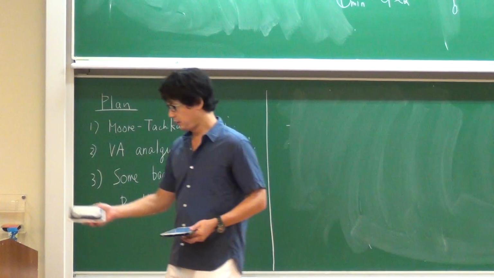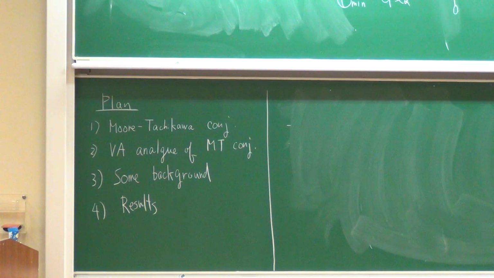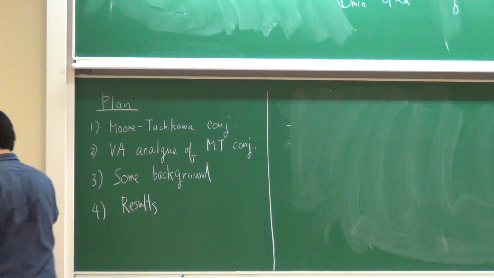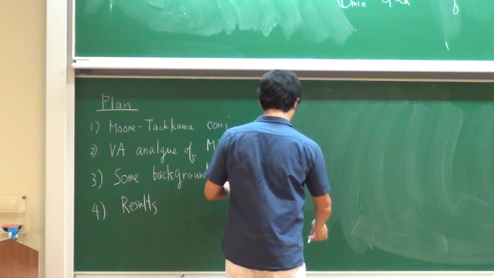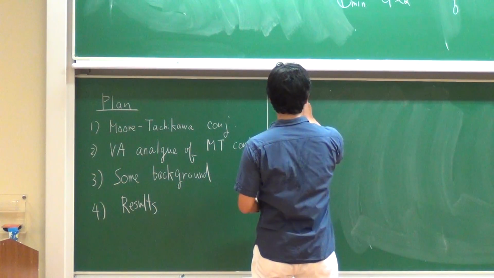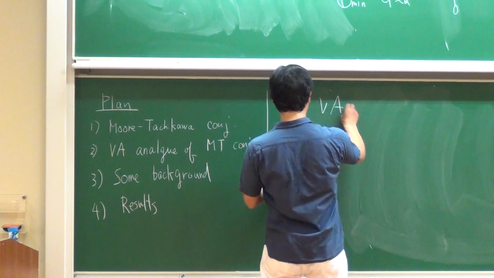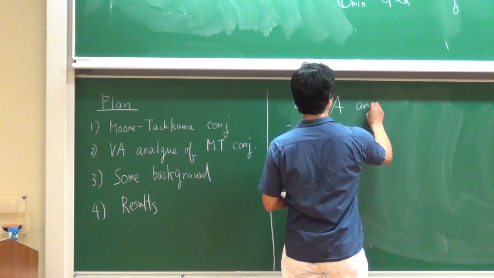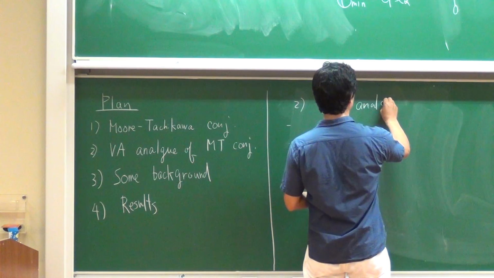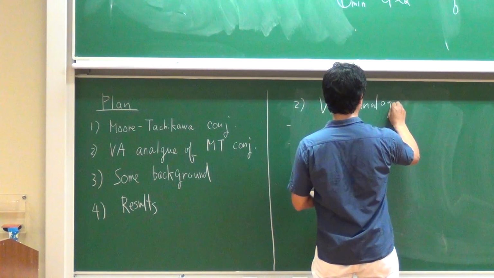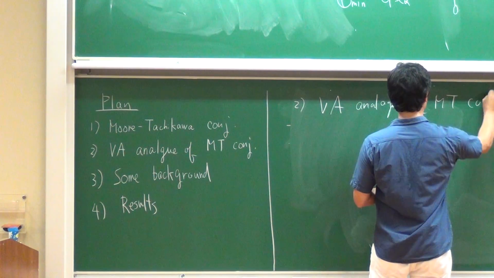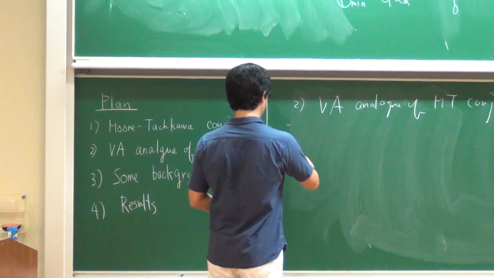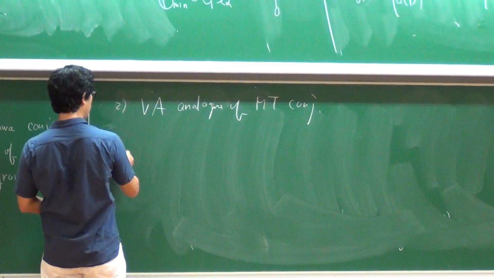So now I move on to the vertex algebra side. I will explain a vertex algebra analog of the Moore-Tachikawa conjecture.